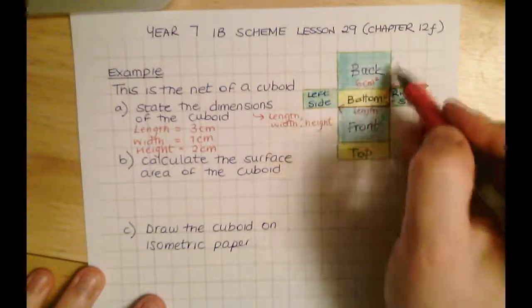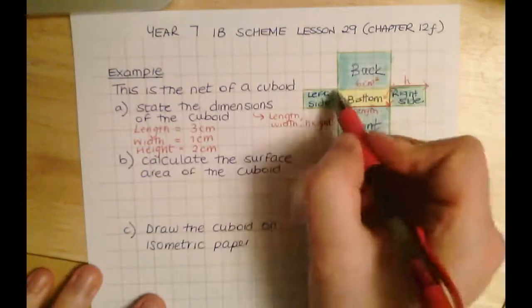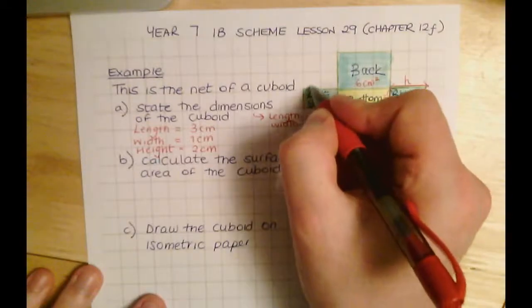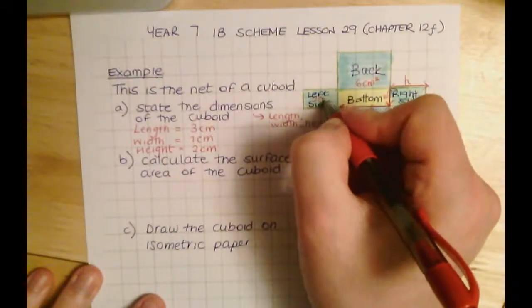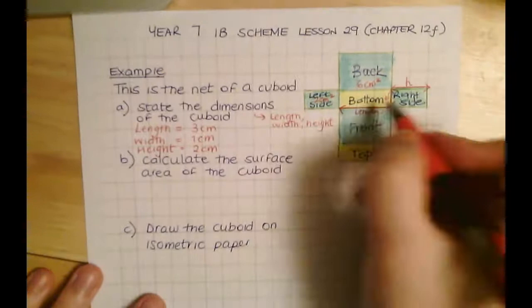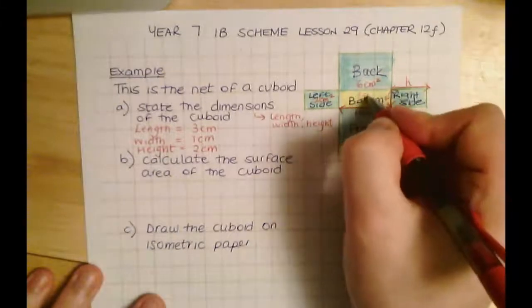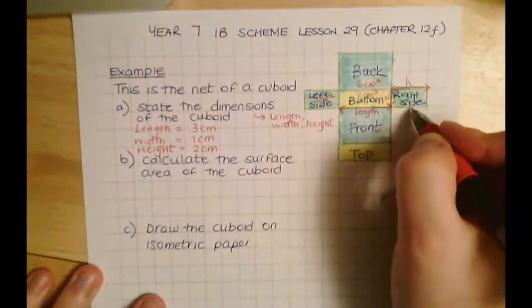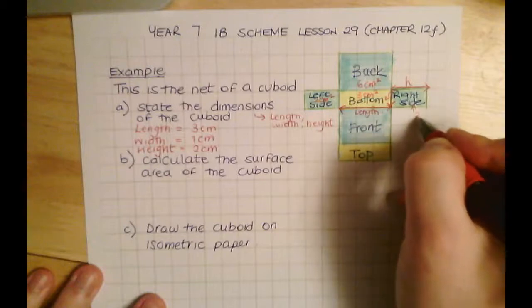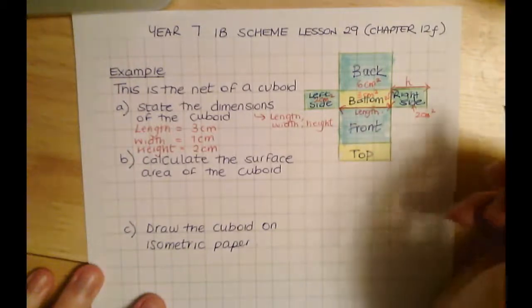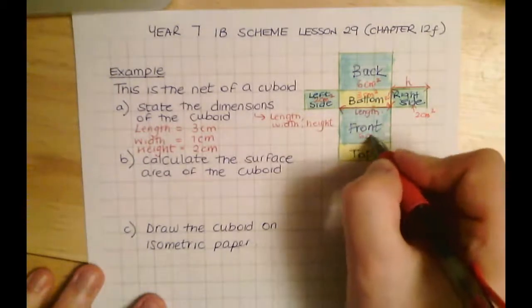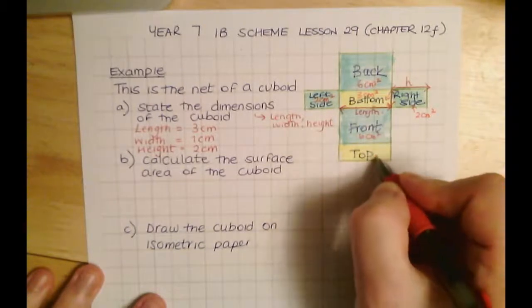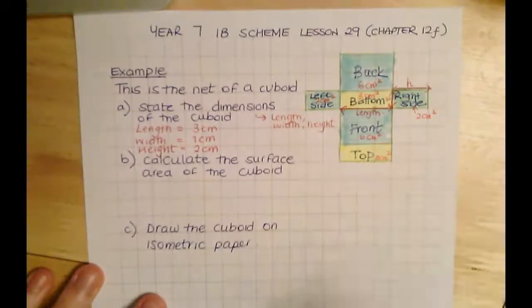So that's that bit there. This bit here is 2 centimetres squared. This bit here is 3 centimetres squared. This bit again here is 2 centimetres squared. This bit is 6 centimetres squared. And this bit is 3 centimetres squared.